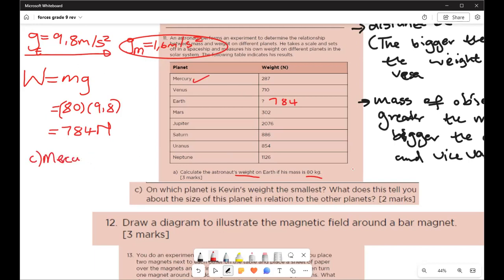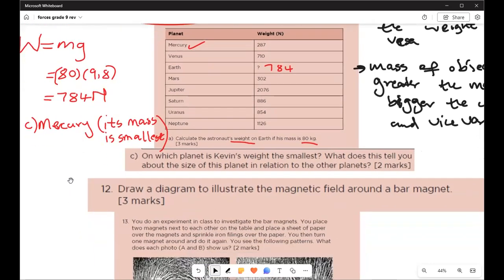And then they ask, what does this tell you about the size of this planet in relation to other planets? Its mass is smallest. Remember, the smaller the mass, the smaller the force of gravity on that planet. Perfect. Then we're done with this question.